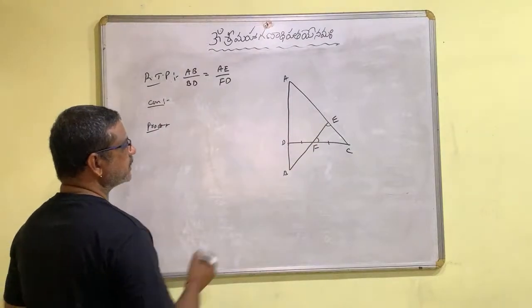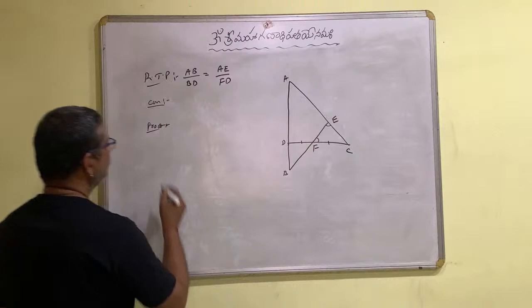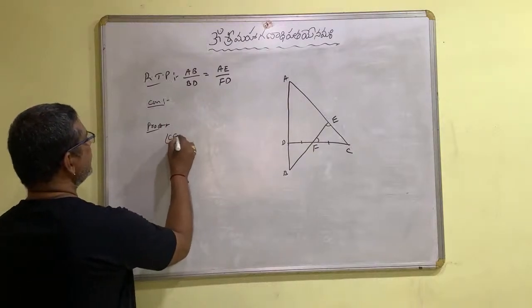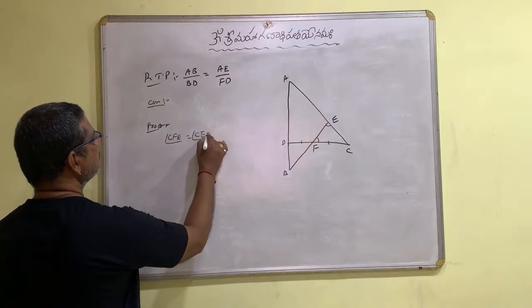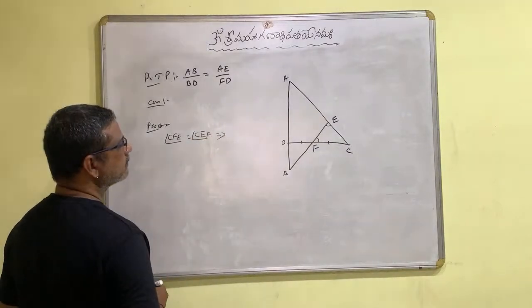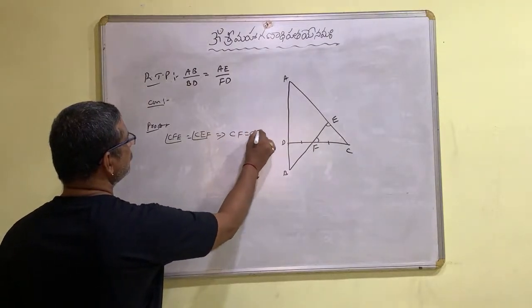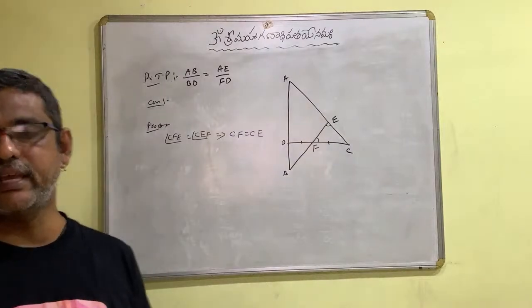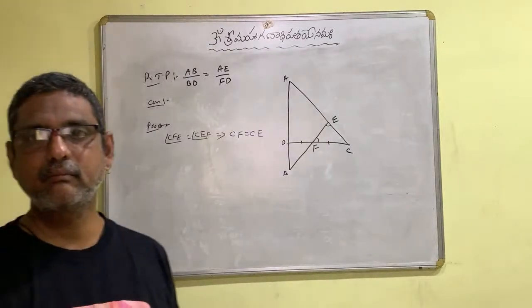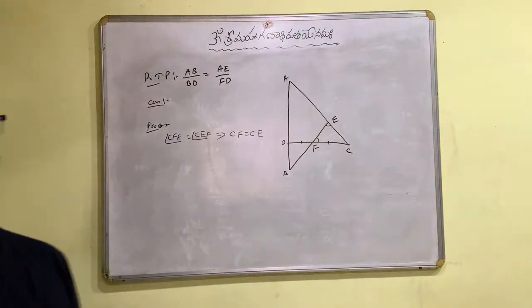See, since these two angles are equal, angle CFE equal to angle CEF, which implies CF is equal to CE. Okay? Since it is an isosceles triangle.